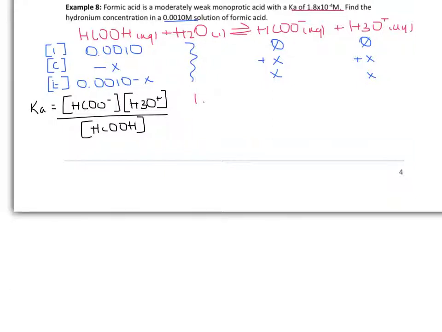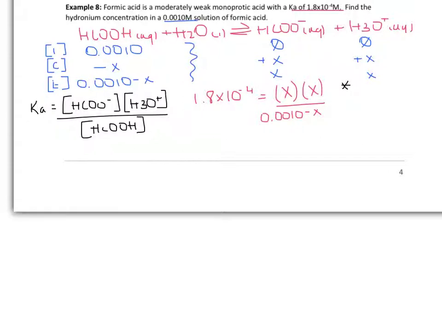We know that the Ka is 1.8 times 10 to the negative 4. We know that the equilibrium concentration of HCOO negative is X, hydronium is X, and formic acid is 0.0010 minus X. At the point where we have a variable X in the denominator, we must perform our check.